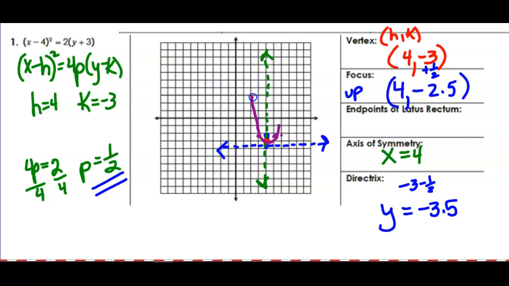Very narrow. So the endpoints of the latus rectum are 1 either way from the focus. From the focus, if you go 1 to the left, you'll have 3. If you go 1 to the right, you'll have 5. And that's not on your reference sheet.